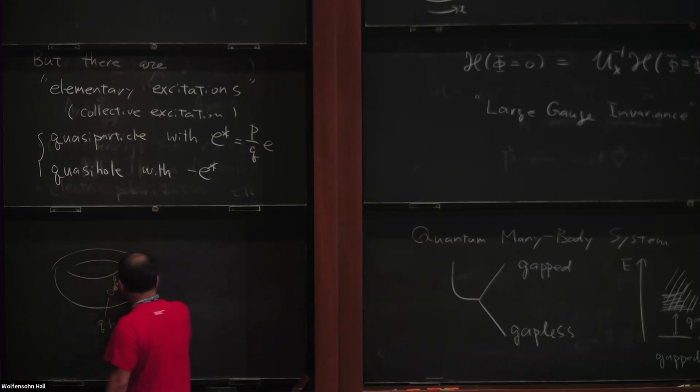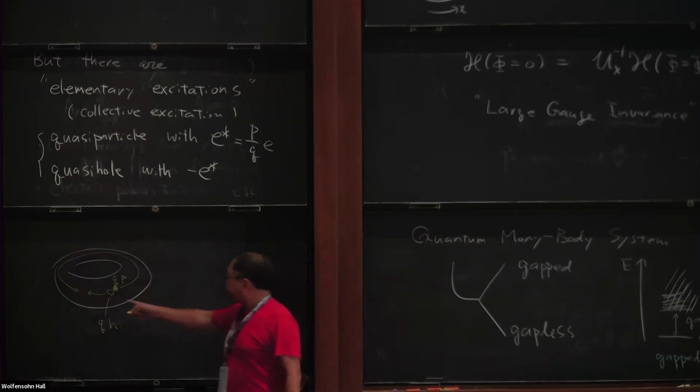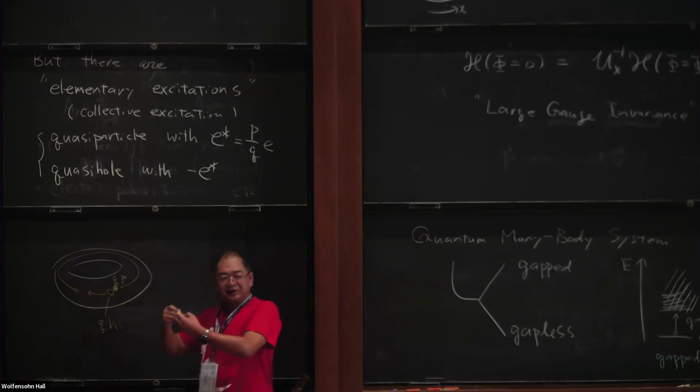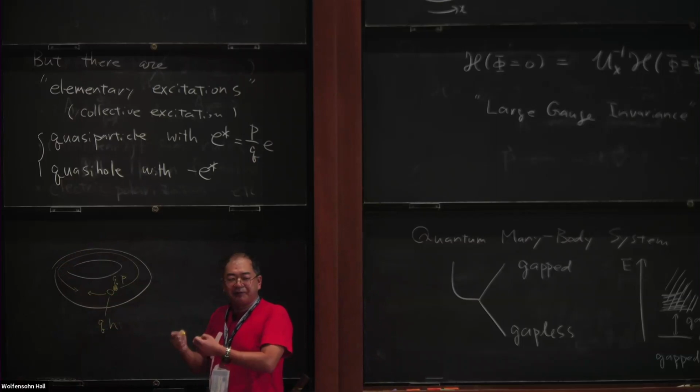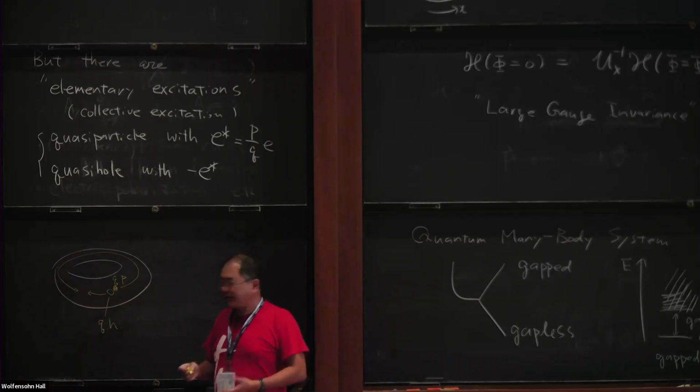Then move this quasi-particle around. And maybe you can move the quasi-hole in the opposite direction. And when they meet, you can pair annihilate this quasi-particle and hole. Then after annihilating this quasi-particle and hole pair, you go back into the ground state.